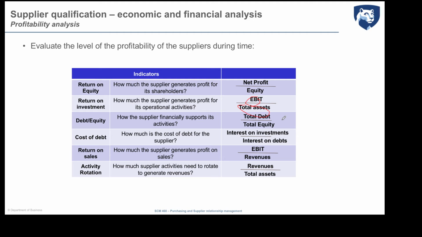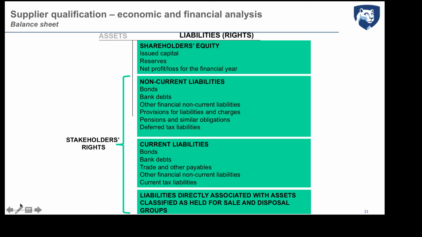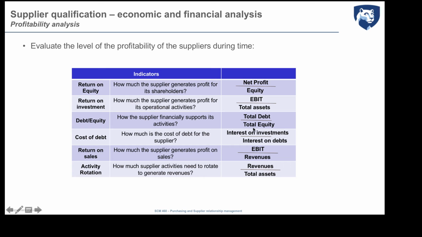You sum the total debt with the total equity, which means going here, this is the total equity, this is the total debt. So they are all the liabilities that are not equity. Okay, they are named debt, so external debt. You divide the two, you have the debt-equity ratio.